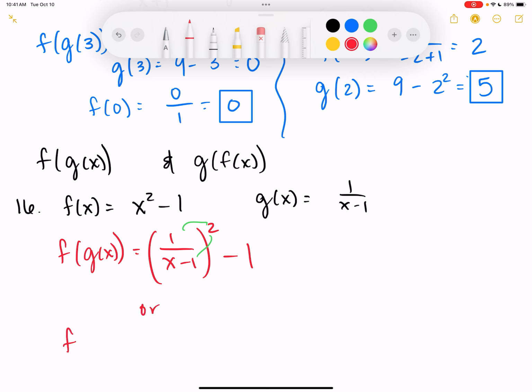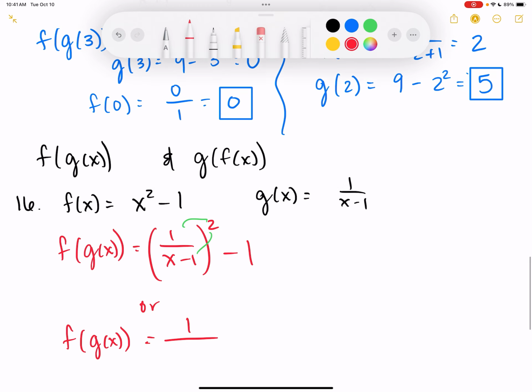So the only other way I could write it is I could have basically 1 over, let's see, x minus 1 squared would be x squared minus 2x plus 1, minus 1 out here. So basically, you can write it either way. I don't really care. I'm more so just telling you that for the purpose of checking your answers, that they may do it this way, they may leave it. I'm not really sure, but that's what's happening.